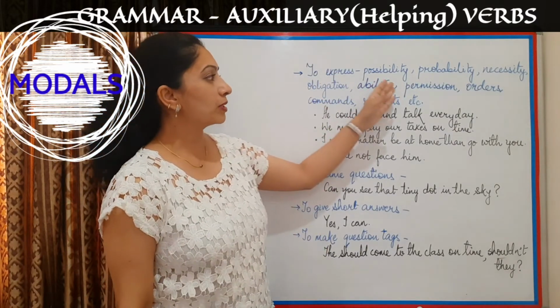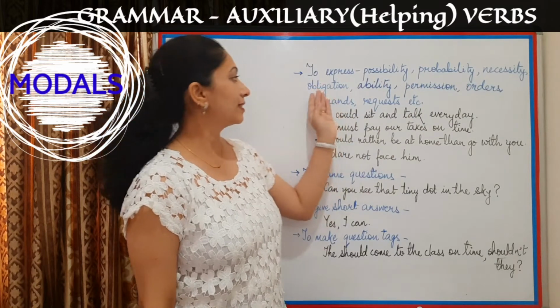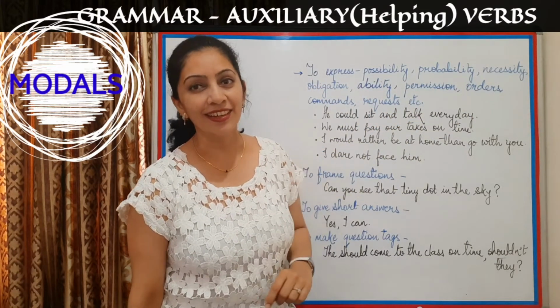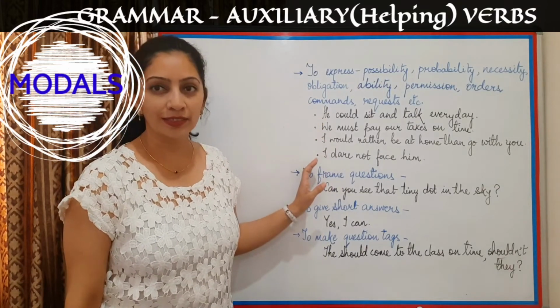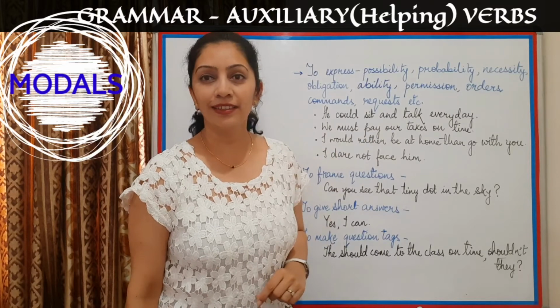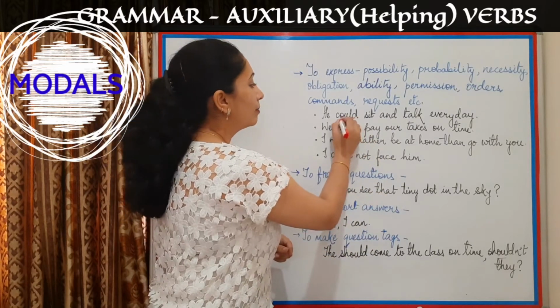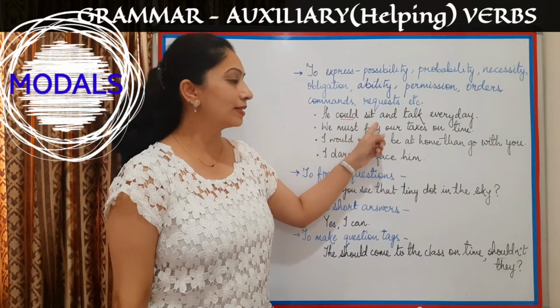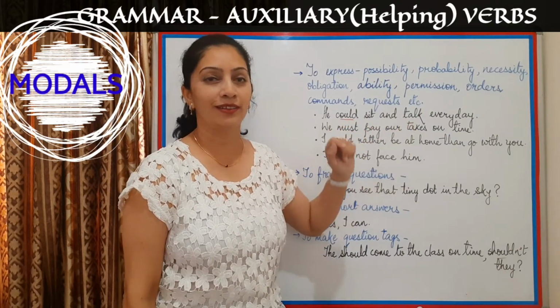Okay, to express possibility, probability, necessity, obligation, ability, permission, orders, etc., I have a few examples written in front of you. He could sit and talk every day. So could here becomes the modal auxiliary verb, because here the main verb is sit and talk.